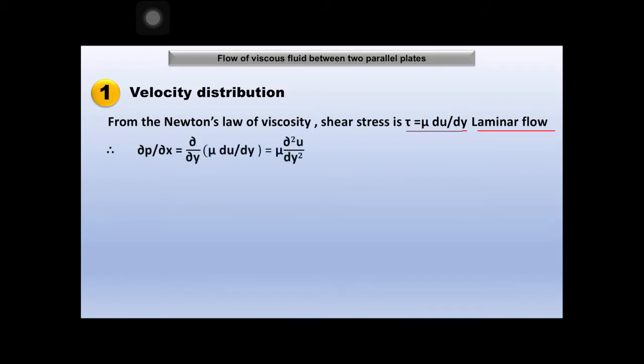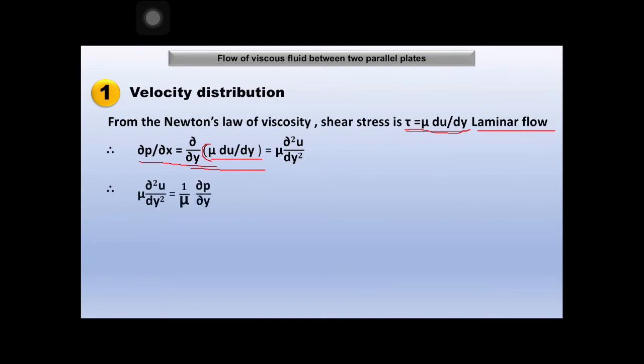So if you take the previous equation and substitute this value of tau in the equation derived previously, that equation will become delta p by delta x is equal to delta by delta y of mu du by dy, and upon solving, the whole term will become mu into delta square u by delta y square.